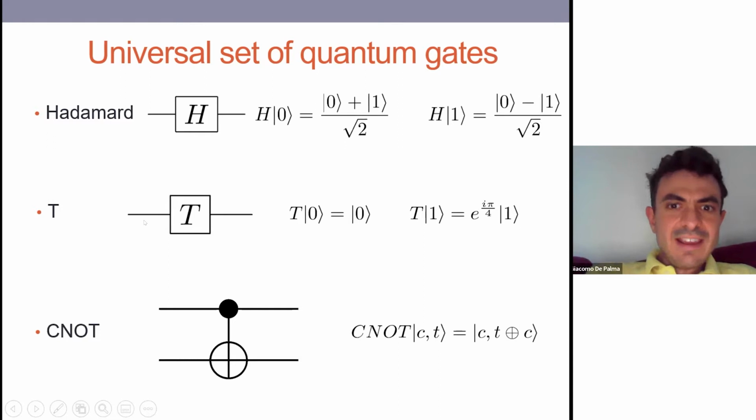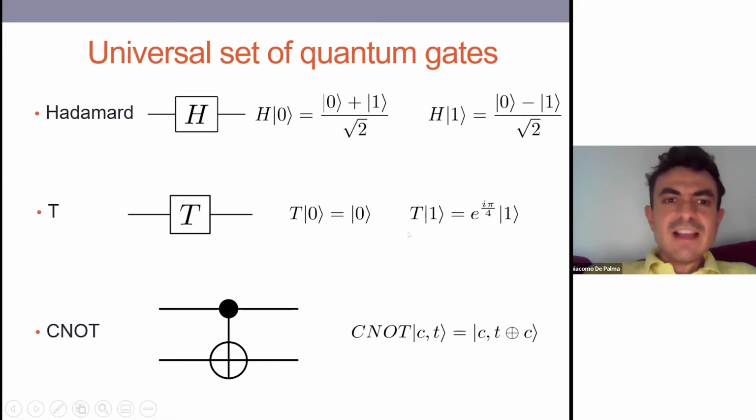The T gate is a gate that is diagonal in the computational basis. The 0 state is kept untouched, while the 1 state gets a phase of e to the i pi over 4.